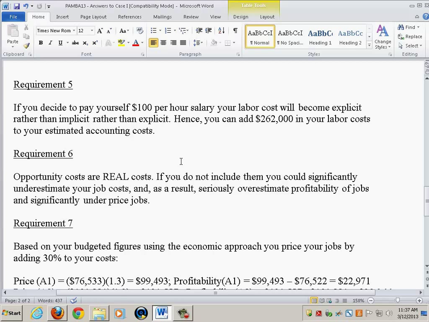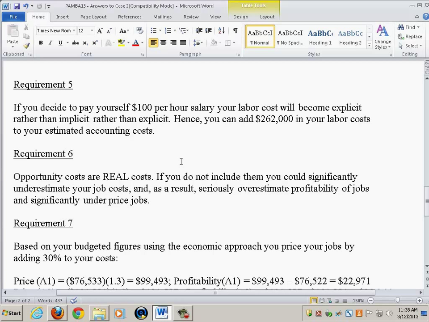Well, the economic approach will not change, because now it's a salary, but it already included the cost in the opportunity cost of work. From the accounting point of view, it's now an explicit cost, right?